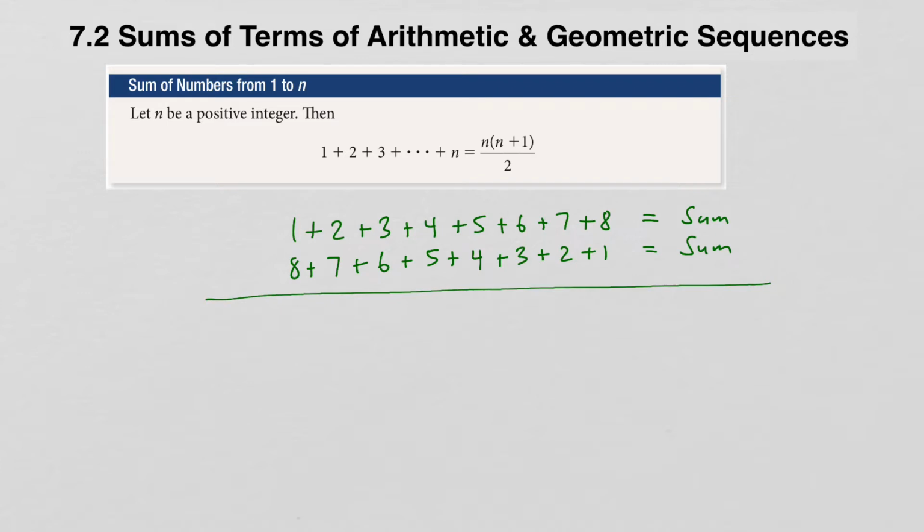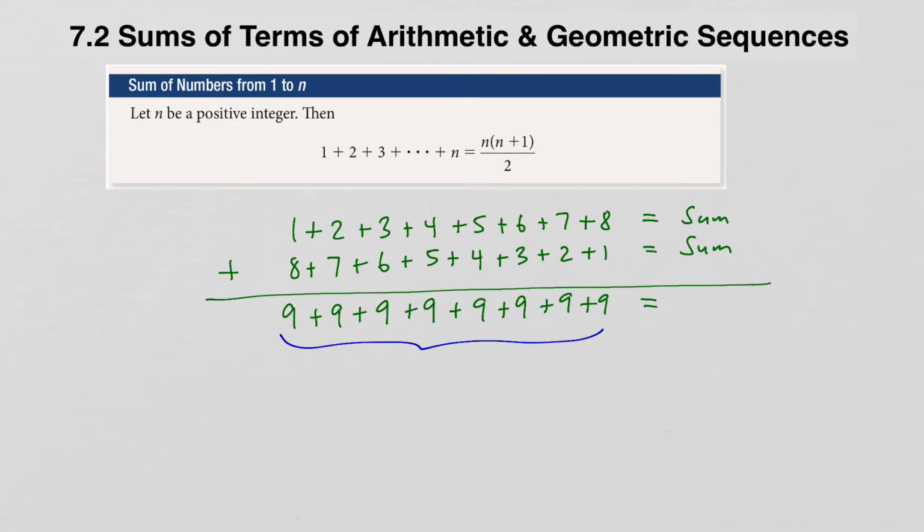But something interesting happens now when I add these together. You'll notice that when we add the first two terms here, 1 plus 8, that is 9. And when we add the next two terms, 2 and 7, we also get 9. And you'll notice that every time, in fact, we are going to get 9. And so we are adding the number 9 plus 9 plus 9 plus 9 plus 9, etc. The only question is, how many times are we doing this?